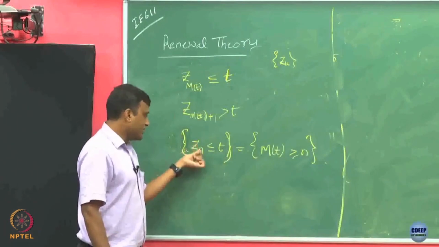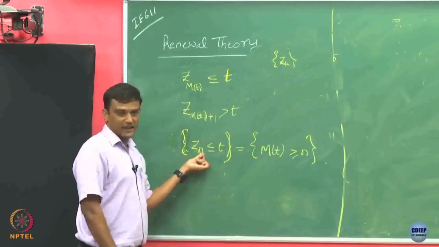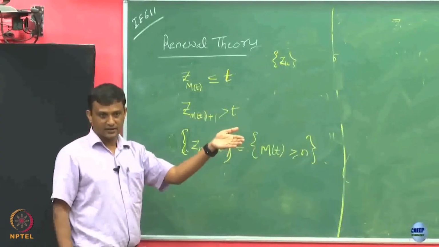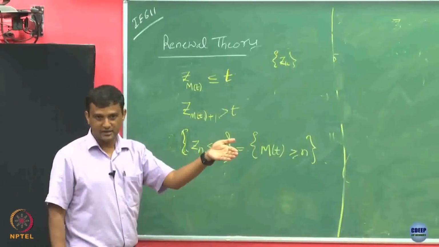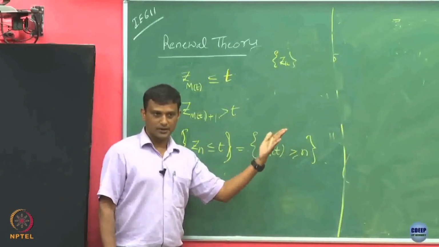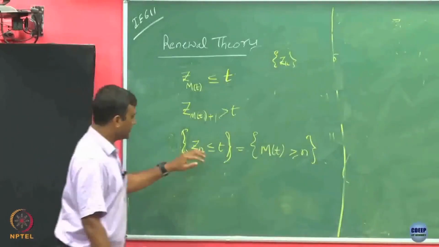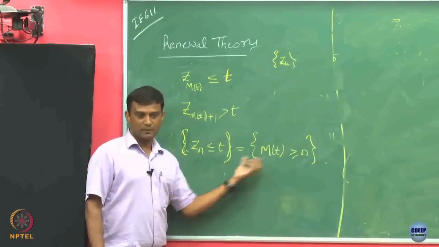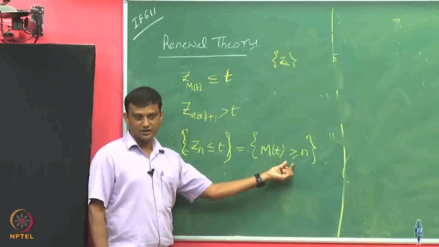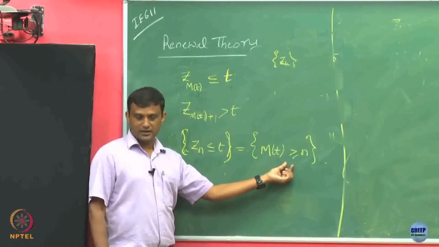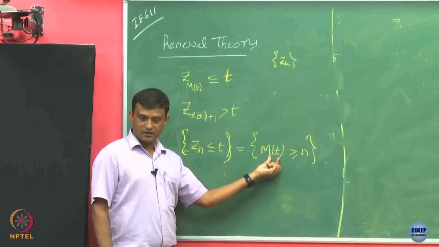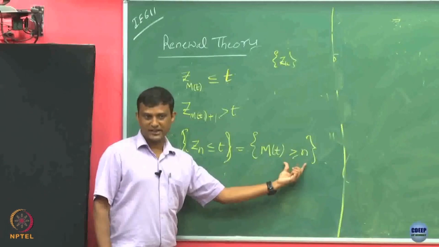Because if you already know the nth renewal has happened before t, maybe there could have been possibly more renewals that have happened just before t. So because of that M(t) has to be at least n or more. Okay. So we know that this event is included here, but what about the other case? Suppose you know that M(t) is greater than or equal to n, that means in the interval 0 to t at least n renewals have happened.